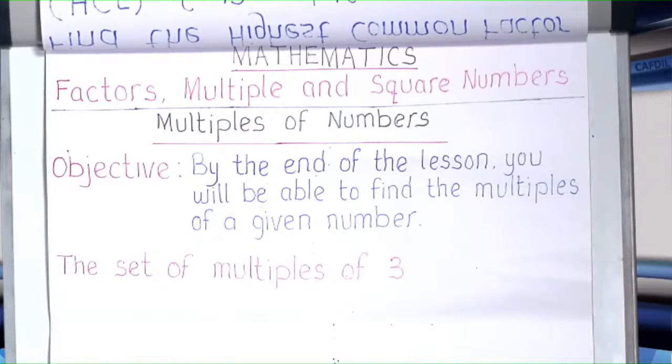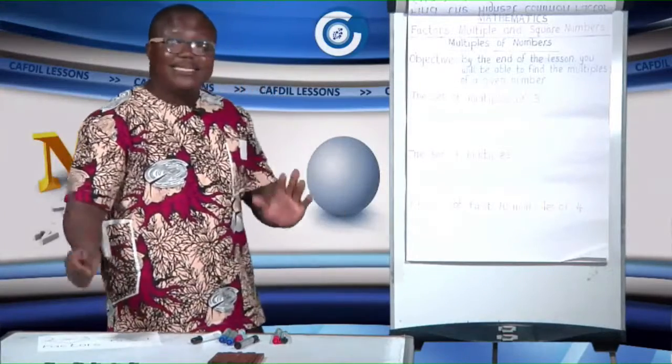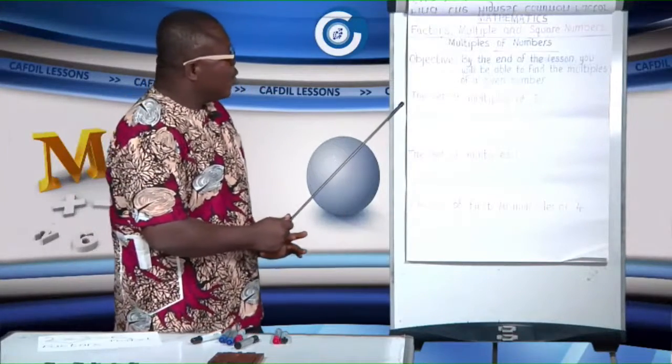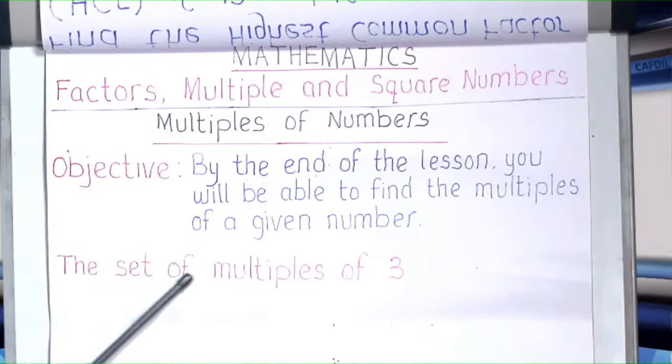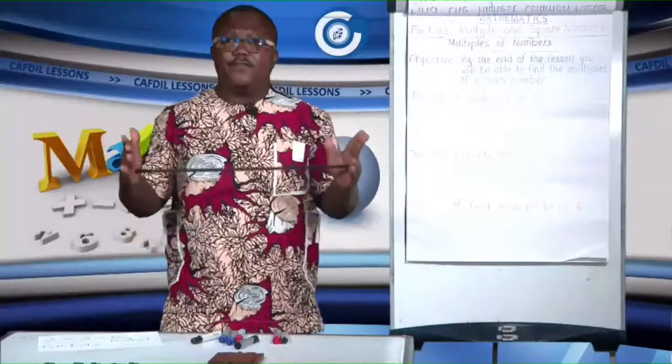So any number that they give to you, you should be able to find the multiples of that particular number. Now let's come here. We want to find the set of multiples of 3.